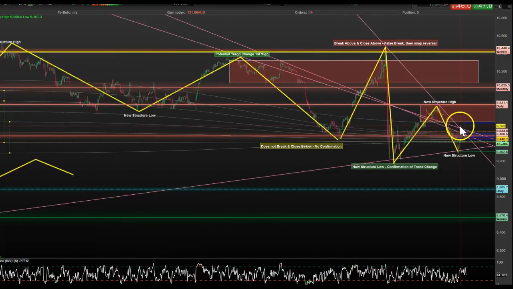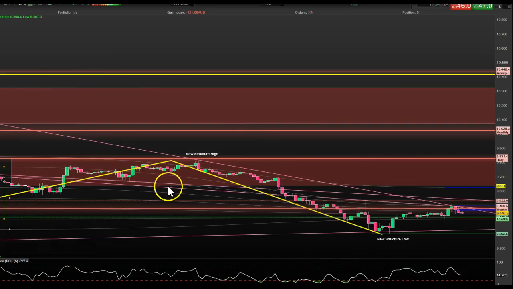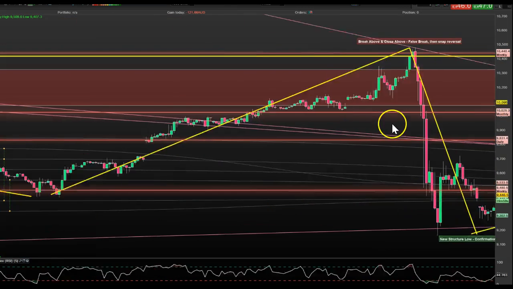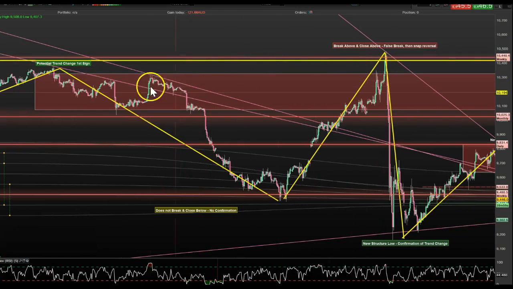It just keeps going up. I have to zoom this in a little bit more, but it goes back up and closes above this level here.